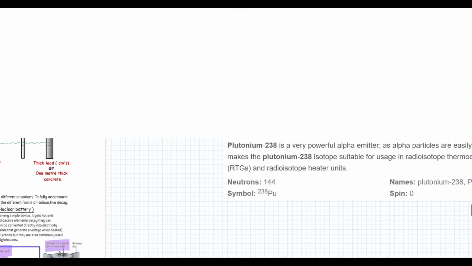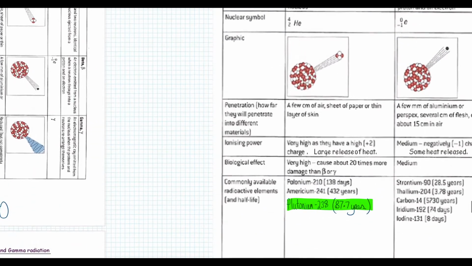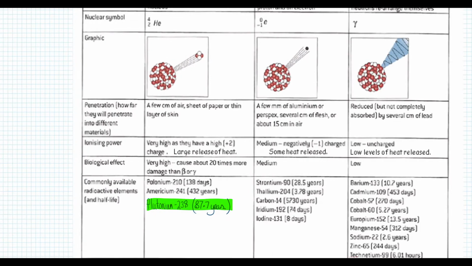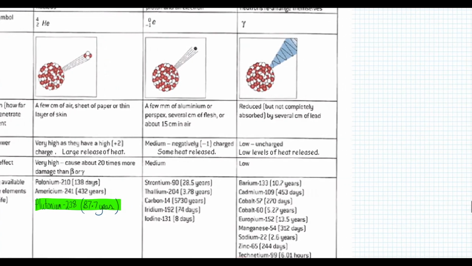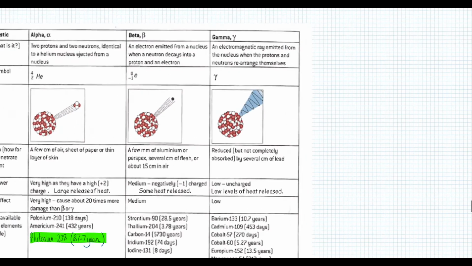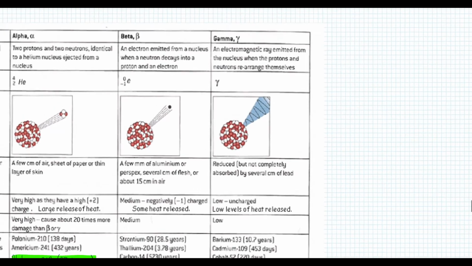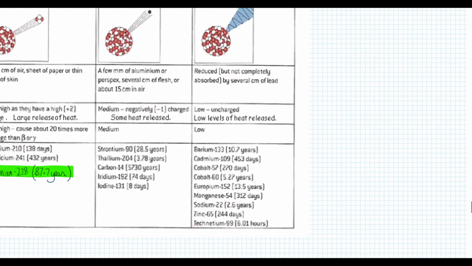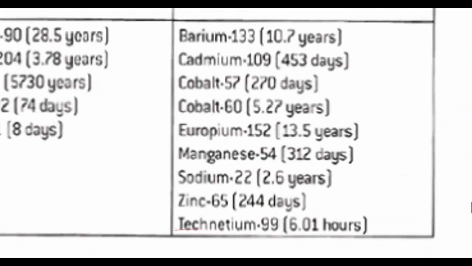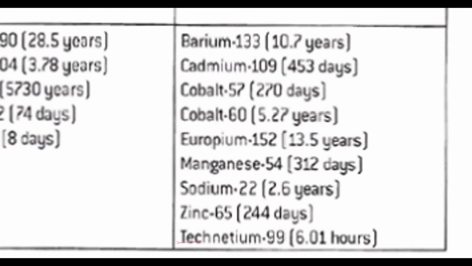We go back to the table. Find gamma. Gamma is on the far right hand side. And we go to the bottom of that column. And we're looking for a gamma emitter with a short half-life.